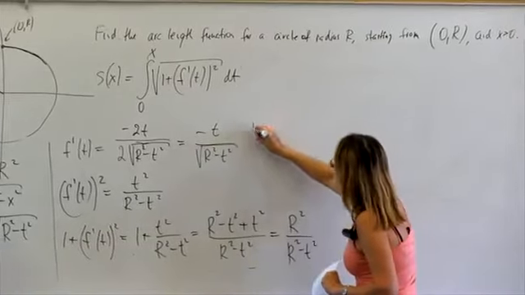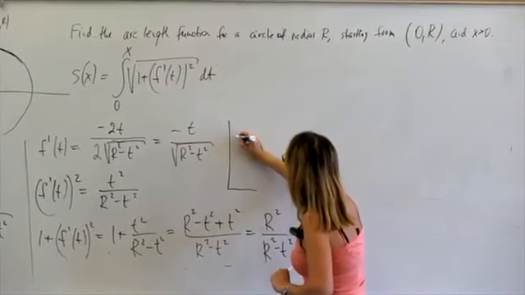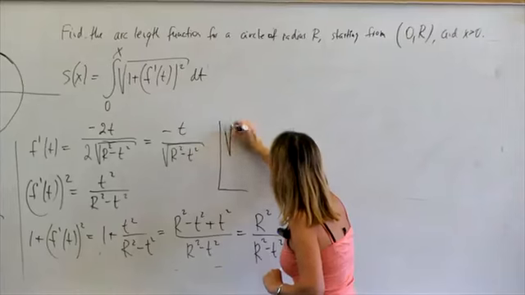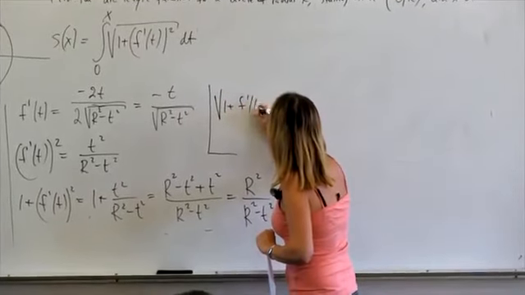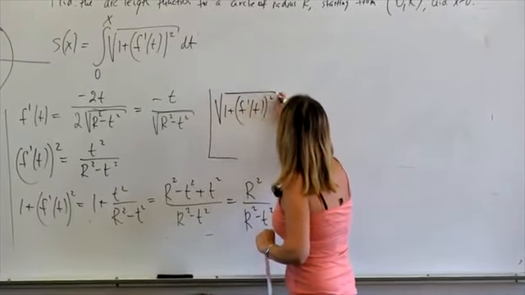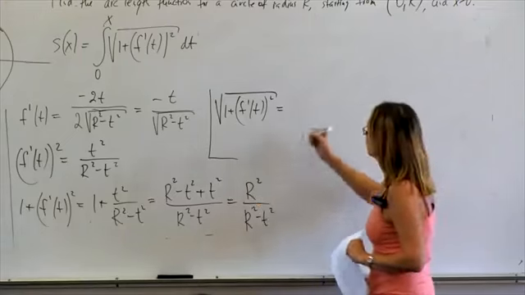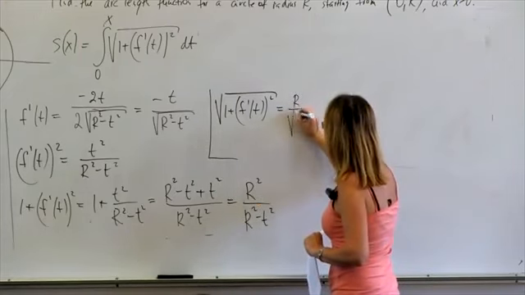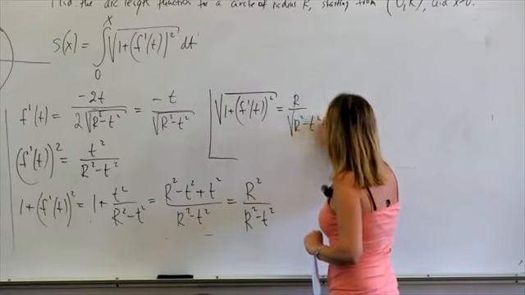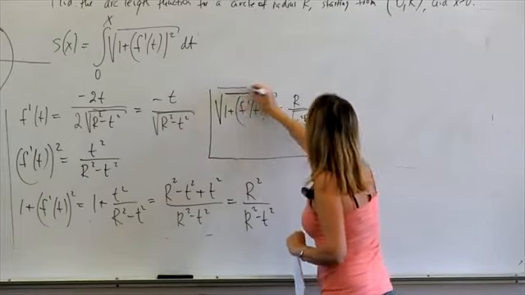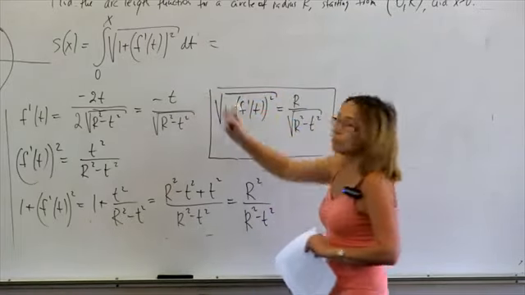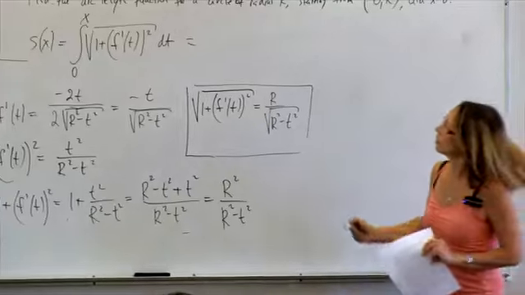Finally, what is the square root of this? I have to take a square root of this, so I have r divided by the square root of r squared minus t squared. So this is what I'm going to use in my integration.